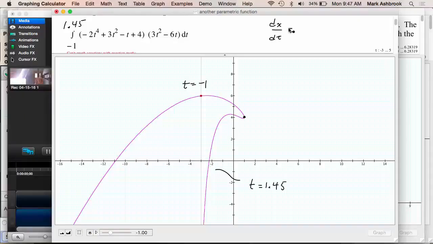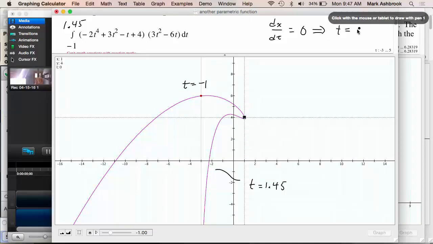What was that value? dx dt equals 0 gave us t equals. So we found dx dt, we set it equal to 0, and we got 2 roots. And what was that one? 0. t equals 0. So the nose of our anteater friend here is at t equals 0, the left side of him.